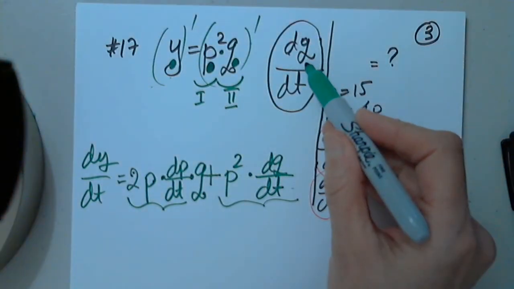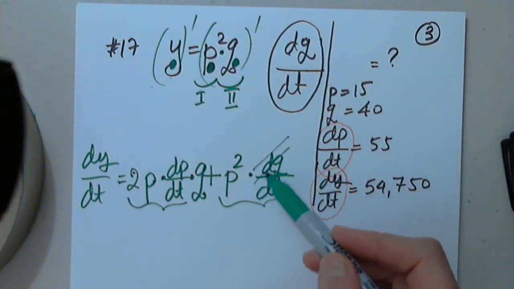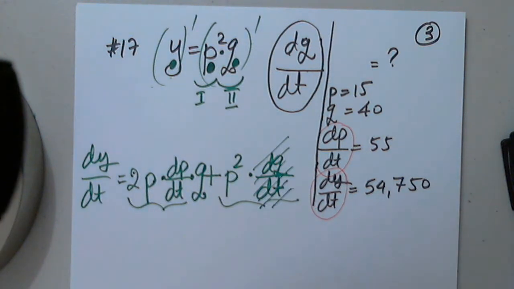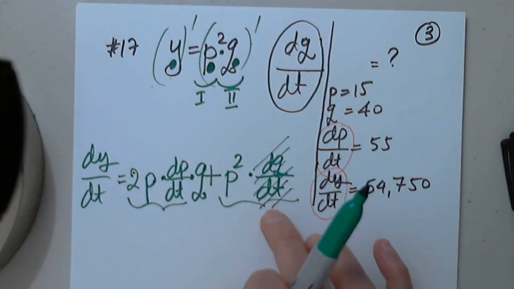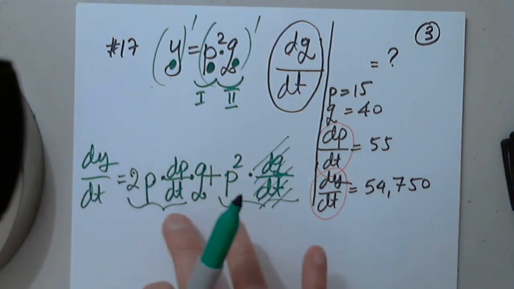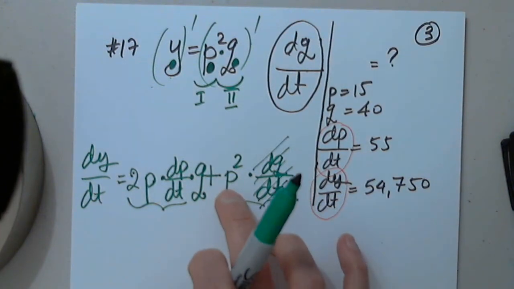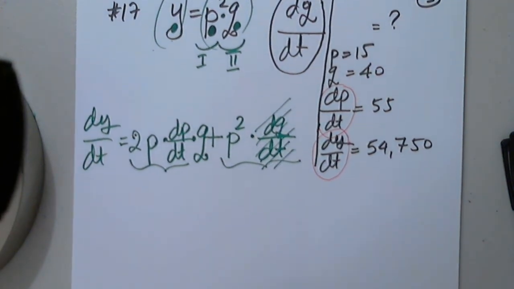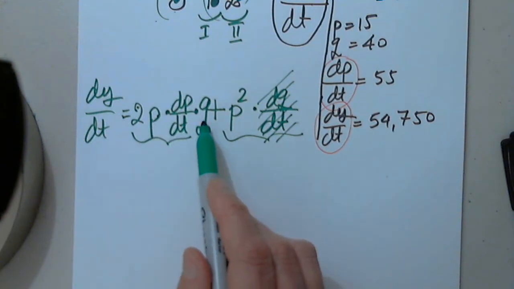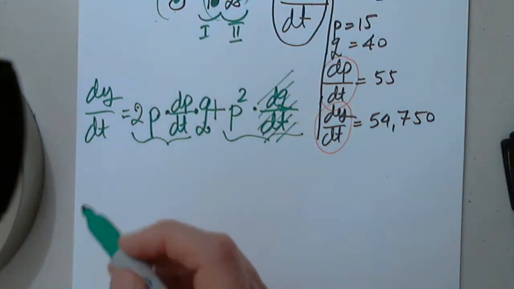This is what I'm after. This is my variable. I have to solve for it. This moves away, and I divide by p squared. Okay? So 2pq dp over dt moves to the other side.